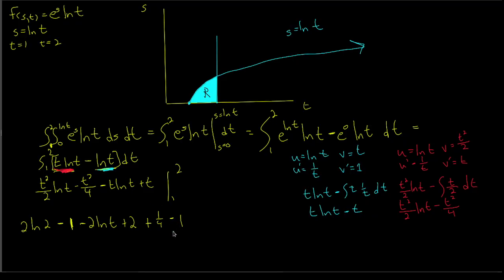And so minus 1. If I look at my terms here really quickly, I have a negative 1 and a negative 1, that's negative 2. A positive 2, that goes to 0. A 2 natural log of 2 and a negative 2 natural log of 2, they go to 0. And the only thing left is 1/4.